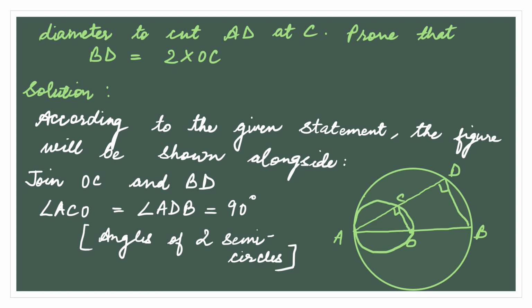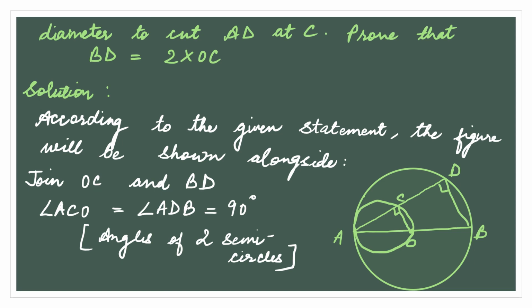and ADB will be equal to 90 degrees. Okay, and this side and this side are equal. So what we can say is that this angle is common for both the triangles ACO and ADB. So angle ACO and angle ABD are congruent to each other.